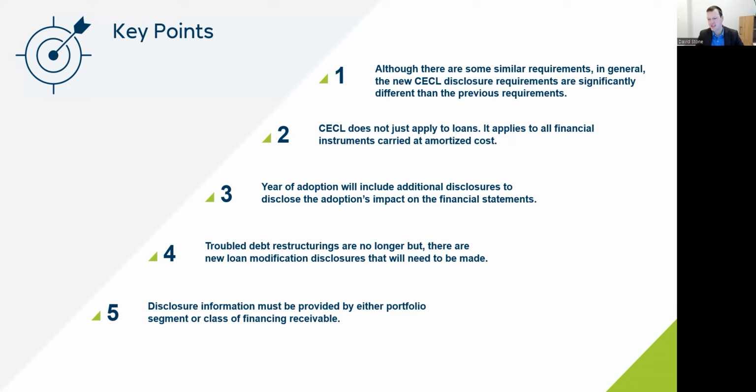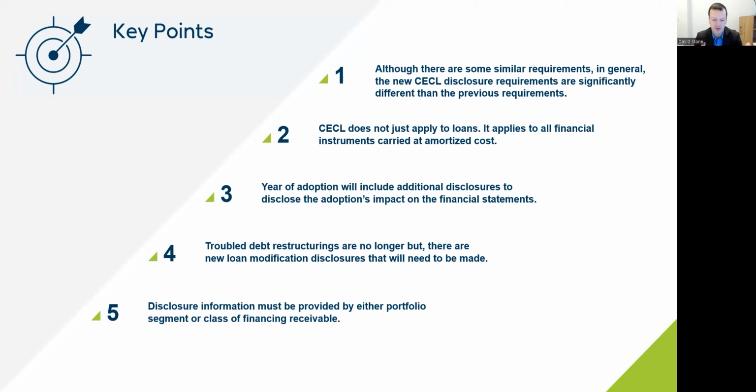And just to dive into this one a little more, just to provide a little context. So these new loan modification disclosures only need to be made for modifications made to borrowers experiencing financial difficulty. So if you make a loan modification to someone that your institution has deemed is not experiencing financial difficulty, that does not need to be disclosed in the footnotes.